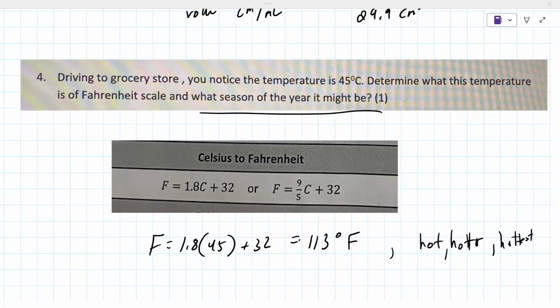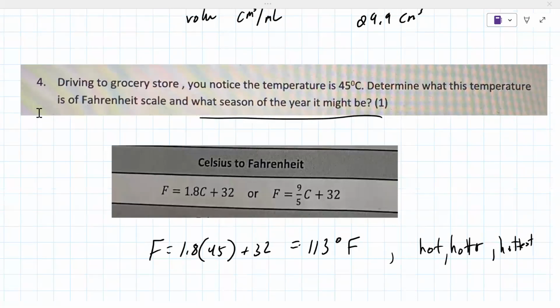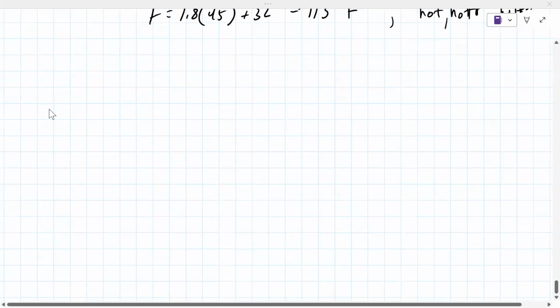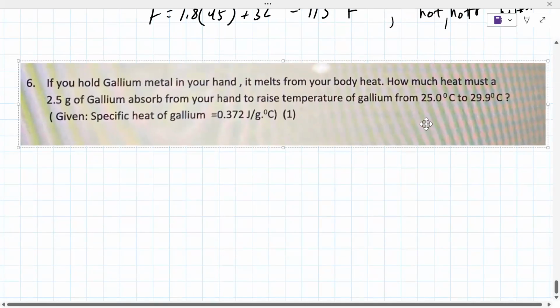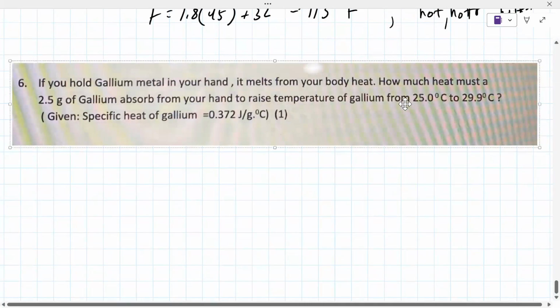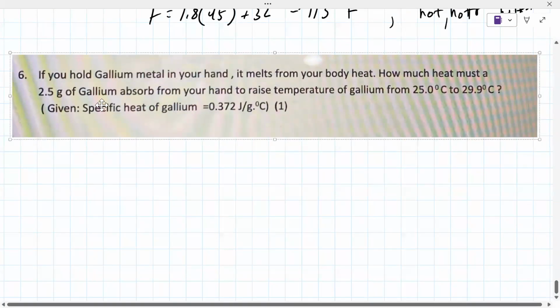Number six is a numerical question here. If you hold gallium metal in your hand, it melts from your body heat. How much heat must 2.5 grams of gallium absorb from your hand to raise its temperature from 25 degrees C to 29.9 degrees C?